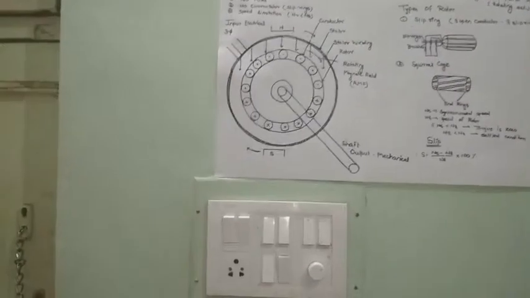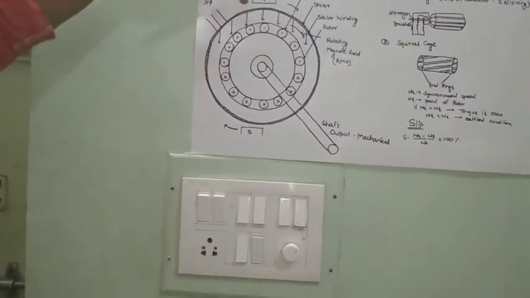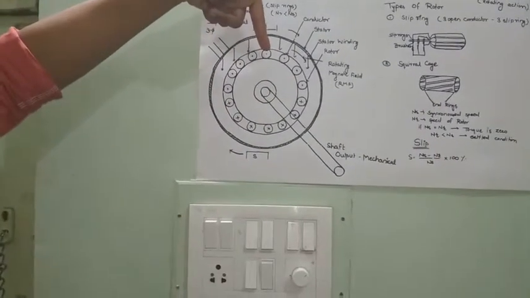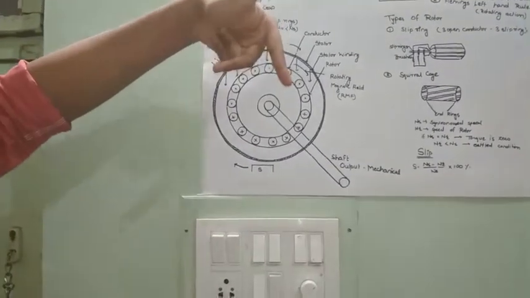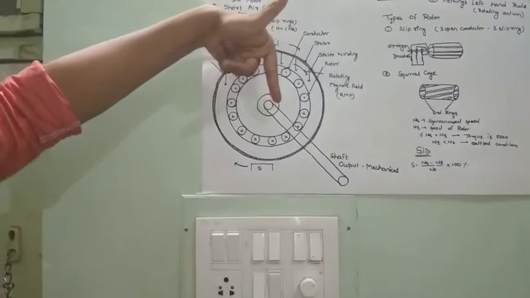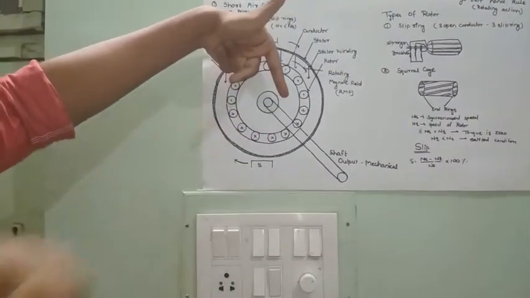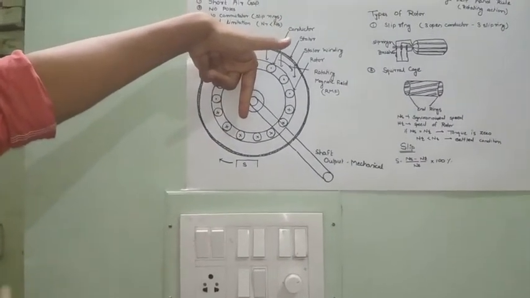Now we will see how Fleming's left hand rule is applicable in the case of a three-phase induction motor. The direction of the rotating magnetic field is downward, and the current, which we have spotted with the help of a dot, is coming outward. When we place our first finger in the downward direction and the middle finger in the outward direction, the thumb indicates the direction of force experienced by the conductor.